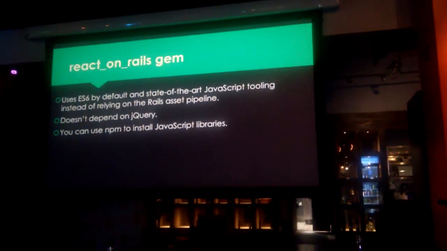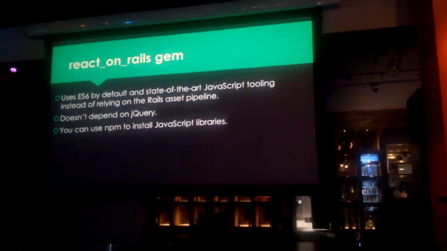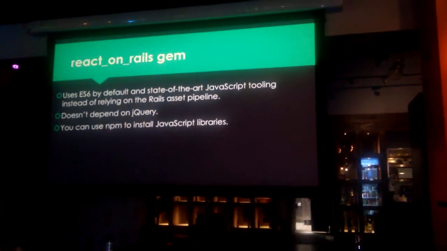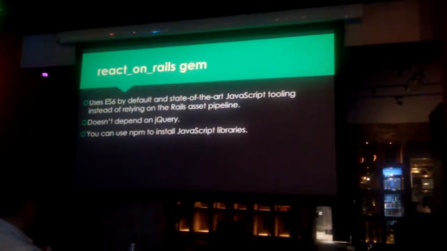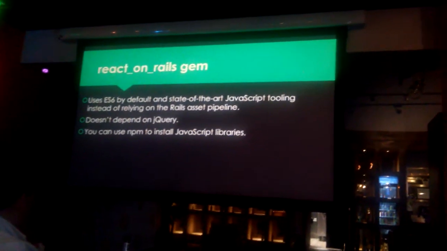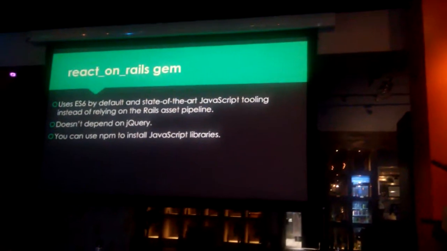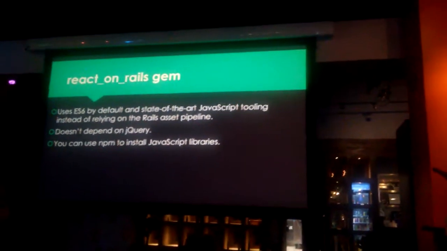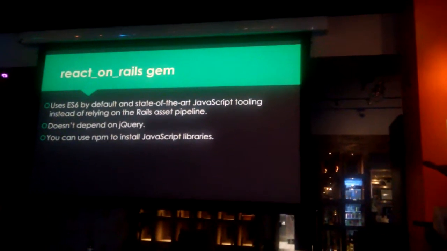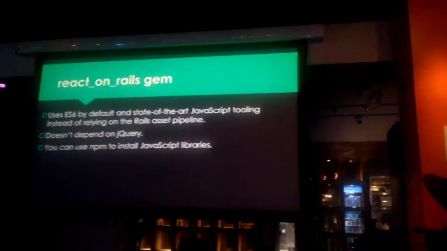And instead of using the Rails asset pipeline to compile ES6, you only really use it for including the JavaScript that Webpack compiles. So you use npm to install all these JavaScript libraries instead of having to use gems or having to manually download and include all of them. And that gives you a lot more power, but at the cost of having to download and install all these extra things.